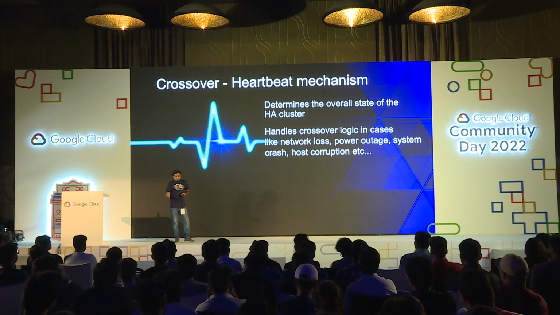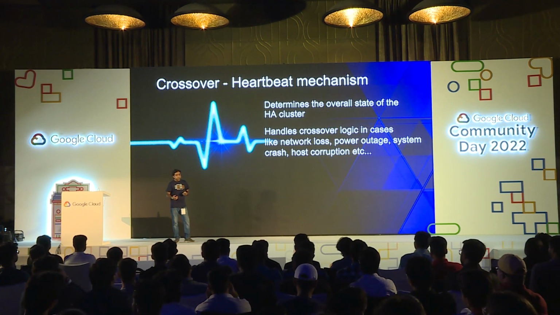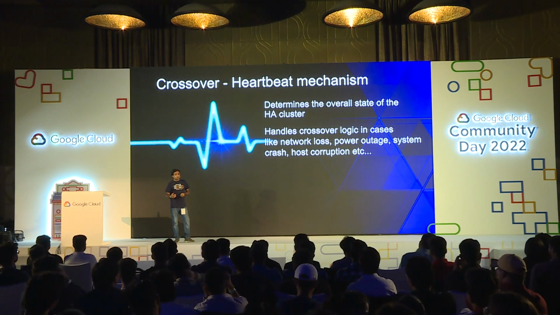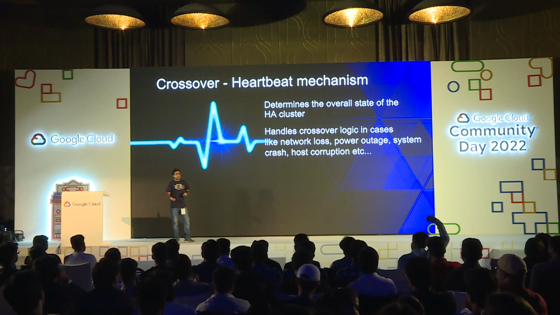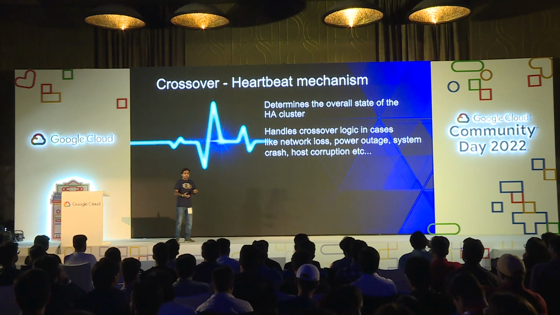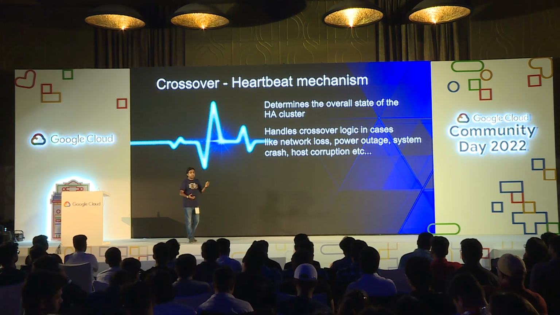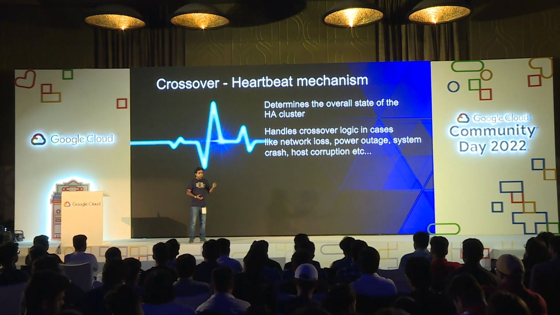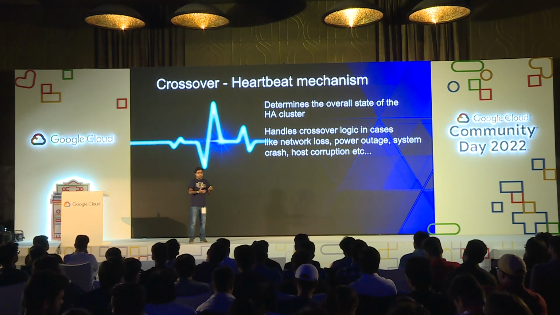And you want your system to fail over for certain scenarios, right? It could be a network loss. Node 1, which is in the active mode, is doing some very important computation which needs network access. Suddenly, the network goes away. So it has to fail over to the second one.